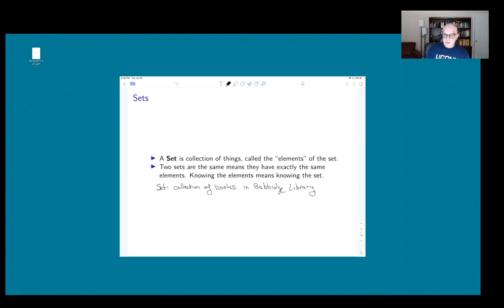So a very important point about sets is that it's fine to say that they are a collection of things, but they have to be a precisely defined collection of things. So we could clean this up. We could say that it's the collection of books physically present in Babbage Library.